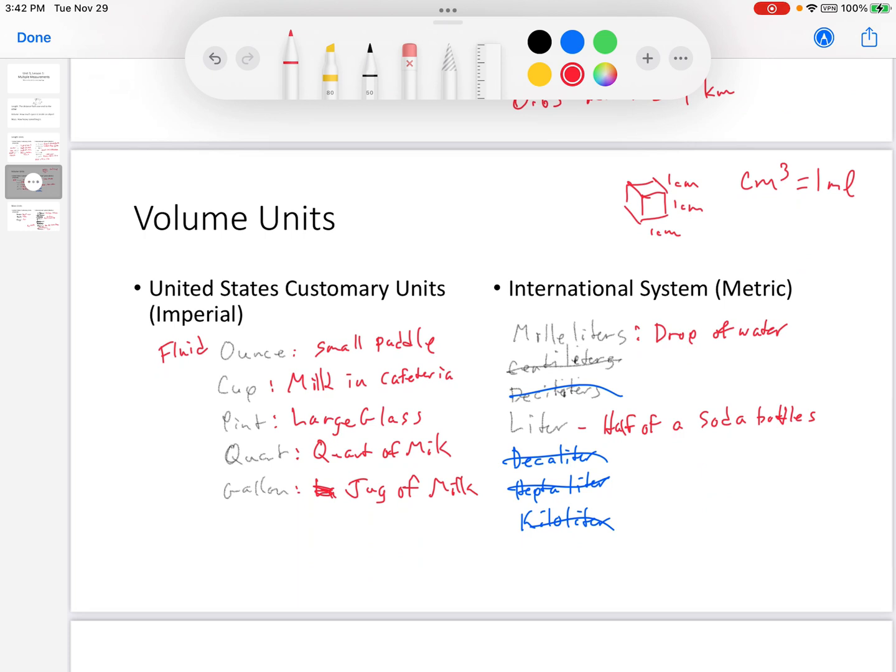For volume, there are 8 ounces in a cup, 2 cups in a pint, 2 pints in a quart, and then sort of similar to its name, 4 quarts in 1 gallon. I learned this from an elementary school teacher.